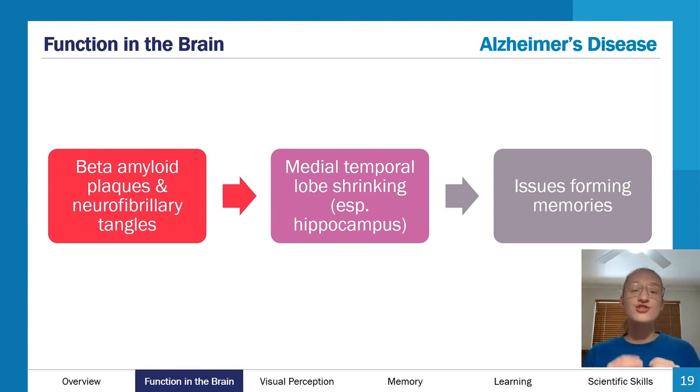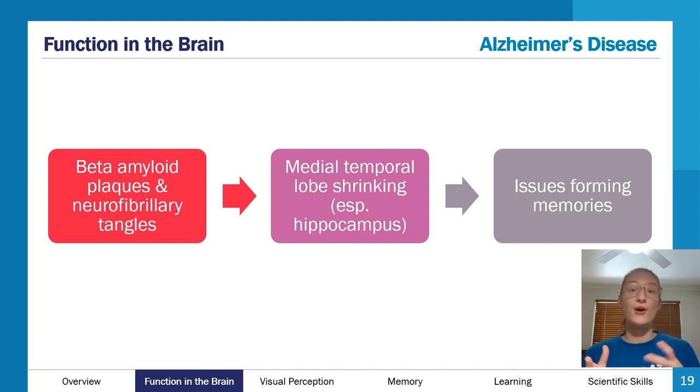So part of our issue here is low levels of acetylcholine. We also recently learned that acetylcholine is implicated in memory and learning. So these low levels of acetylcholine are going to cause issues with memory and learning, which are the symptoms that we are seeing in Alzheimer's.